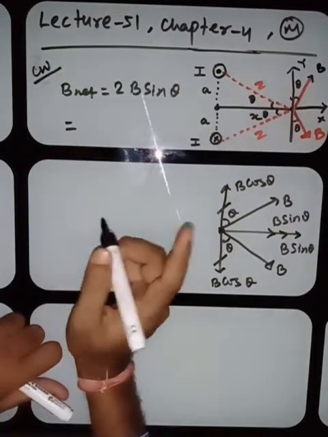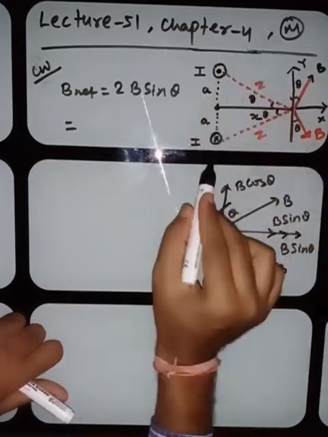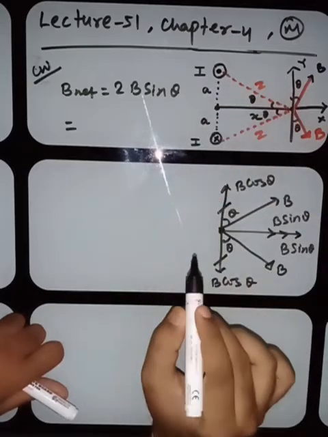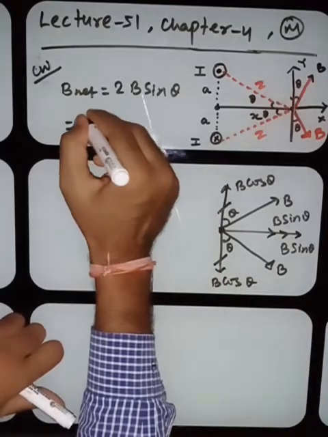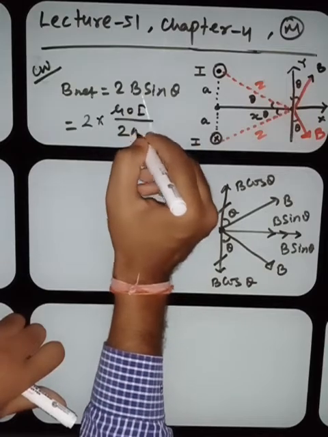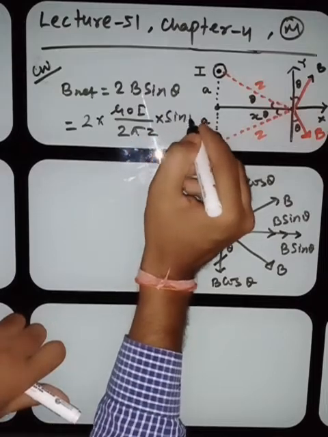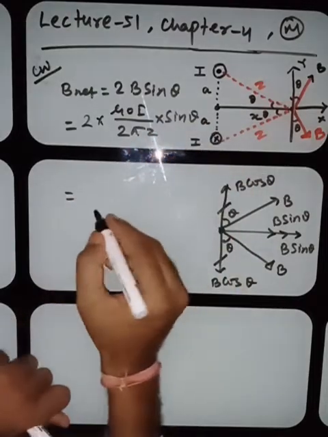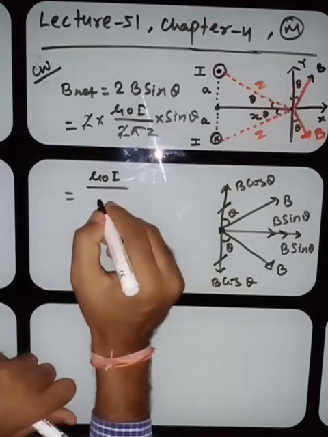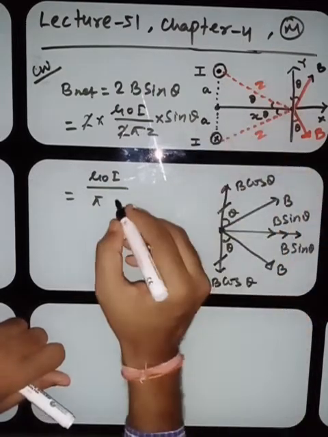Now the magnetic field due to a straight conductor, as we have studied, if it is of infinite length, remember these conductors are of infinite length, is mu naught I by 2 pi r. So the 2 times mu naught I by 2 pi r, with the position Z, into sine theta. The 2 will cancel out, giving mu naught I over pi Z. What is the value of Z? It is root under x square plus a square.